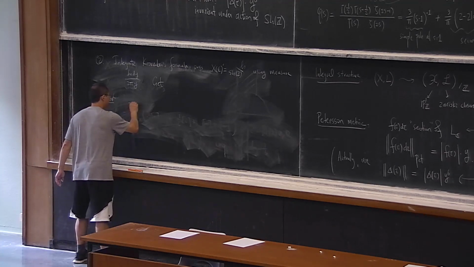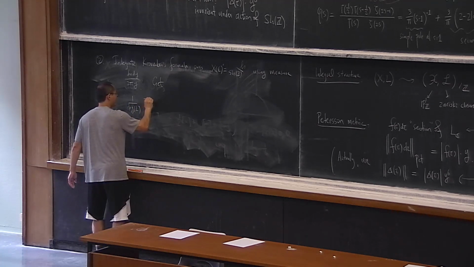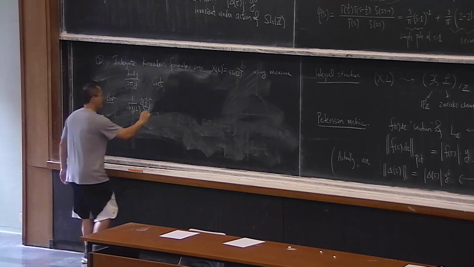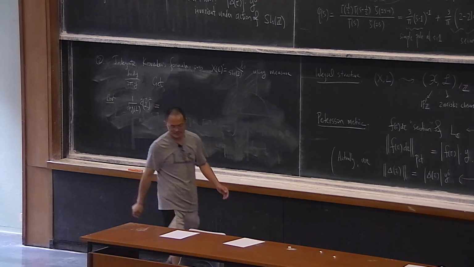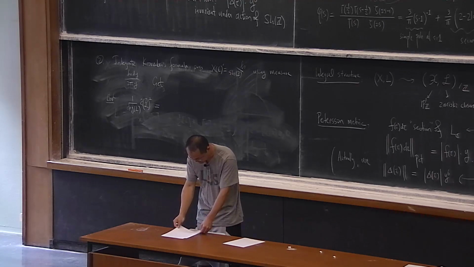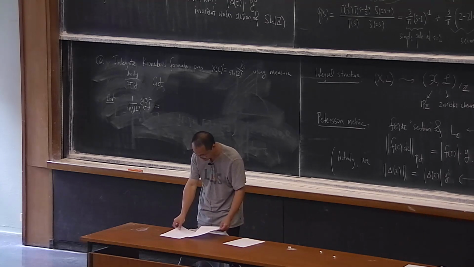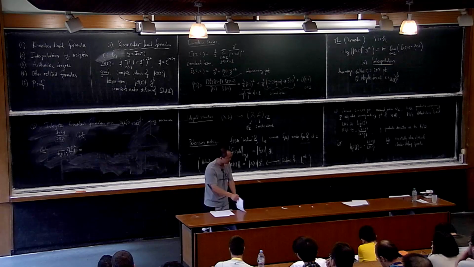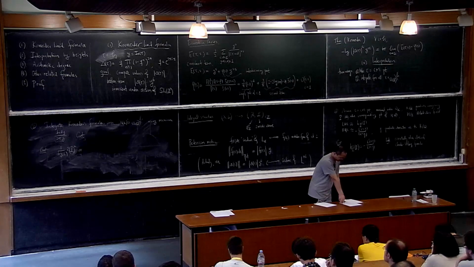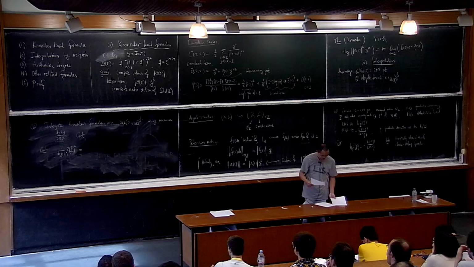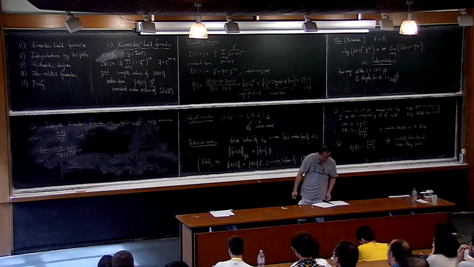So it will be degree of L bar squared, c1 hat L bar squared equals negative.